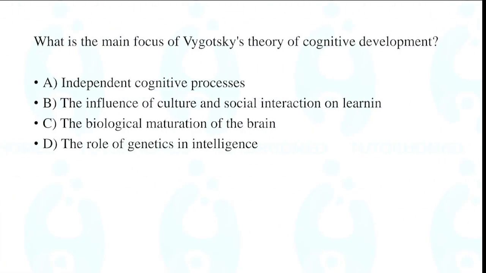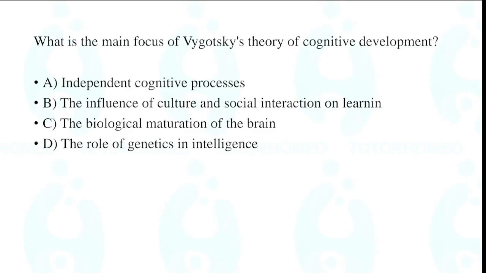Next question, what is the main focus of Vygotsky's theory of cognitive development? Is it independent cognitive process, the influence of culture and social interaction on learning, the biological maturation of the brain, or the role of genetics in intelligence?